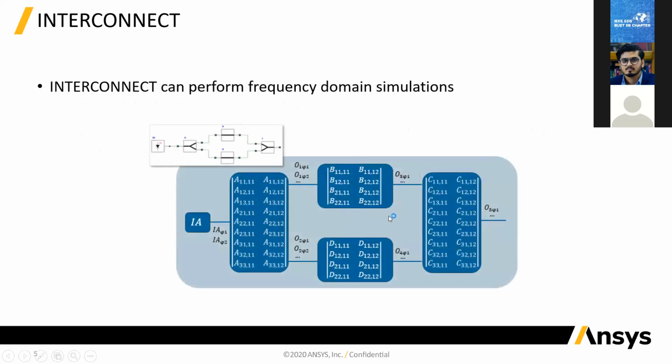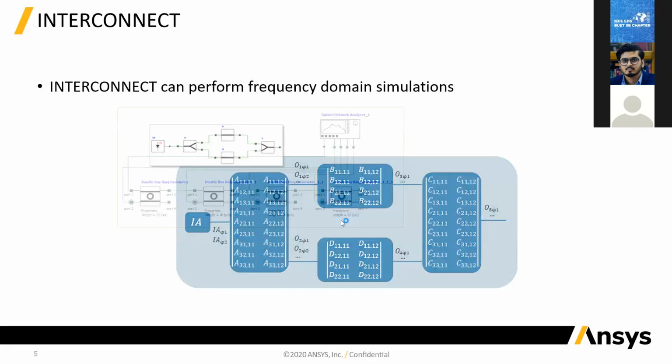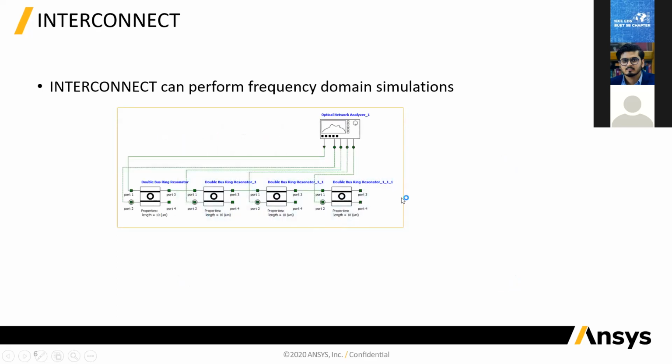For frequency domain simulation, interconnect defines every single element by using their S parameters. And then that way you can calculate a combined S parameter for your whole system and figure out the frequency domain behavior. The way you do this is by using the optical network analyzer.